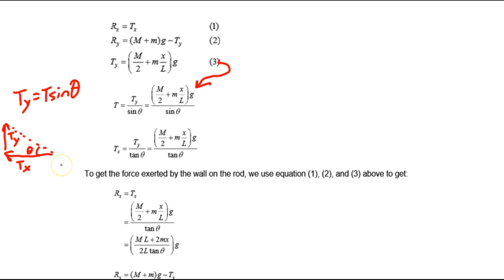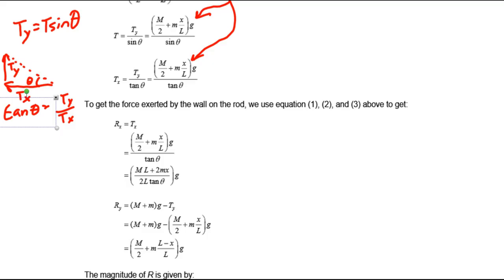So the relationship between Ty and Tx, you could do tangent of theta equals Ty over Tx. And then this expression would make sense because they've just solved it for Tx, and then again they took this expression for Ty and plugged it in place of Ty. So now I have an expression for T and an expression for Tx, and both of these are fairly complex.